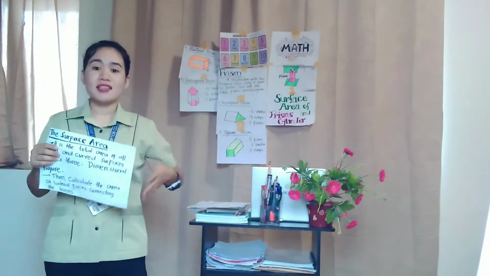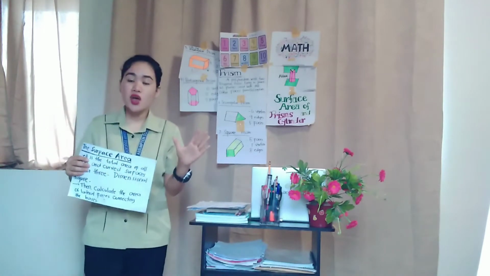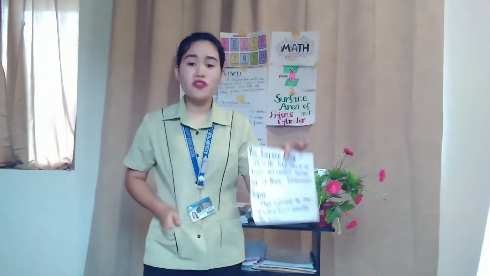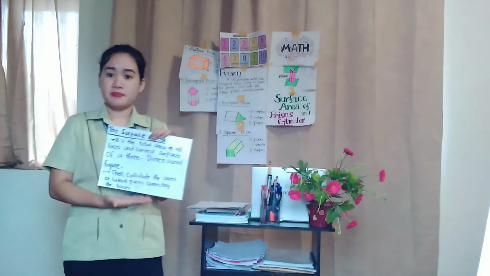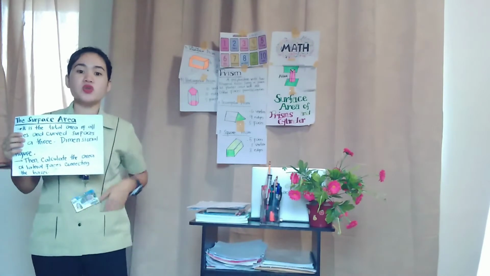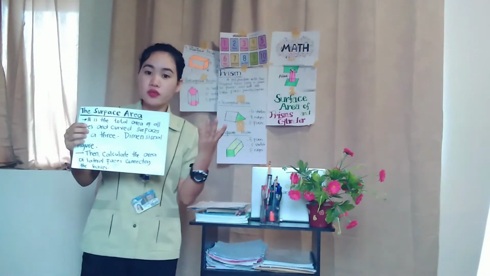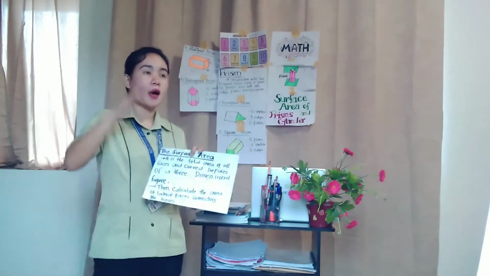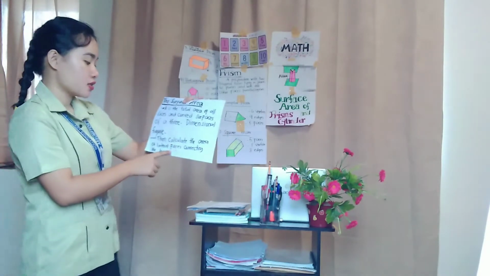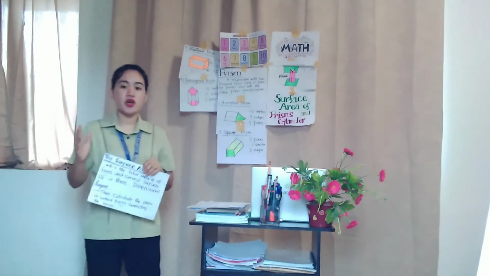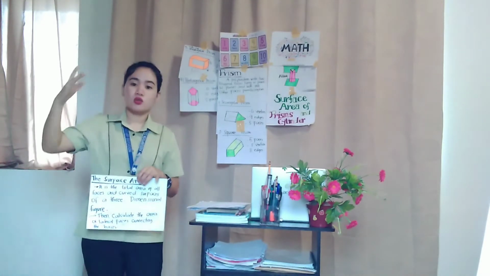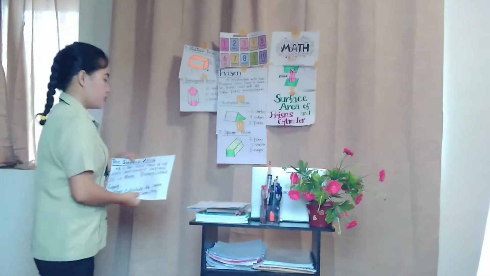So how to find the surface area of a prism? To find the total surface area of a prism, you need to calculate the area of the two polygonal bases, for example the top and bottom faces, and then calculate the area of the lateral faces connecting the bases. Add up the area of the two bases and the lateral area to get the total surface area of a prism.